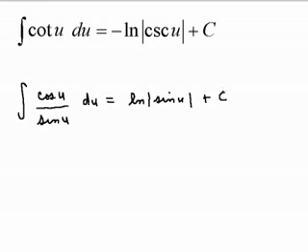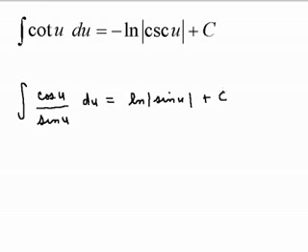And we can see another very important integral formula. The integral of the cotangent of u du is negative the natural log of the absolute value of the cosecant of u plus a constant. We just write cotangent of u as cosine u over sine u.